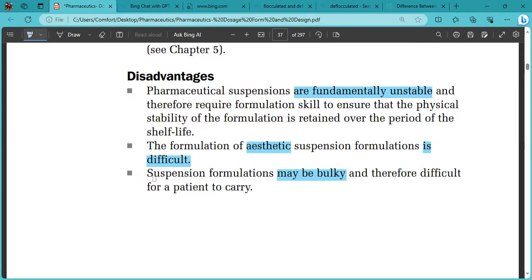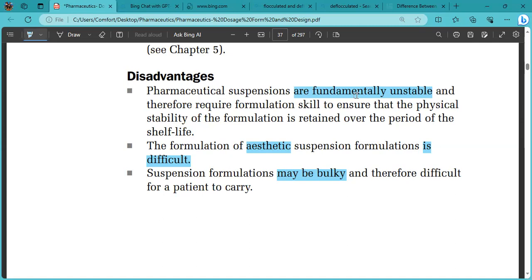Pharmaceutical suspensions are fundamentally unstable, unfortunately, because you have to strike a balance between them redispersing quickly and sedimenting slowly, and you're trying to prevent caking. Caking is when they settle and form a thick layer at the bottom, so that no matter how much you shake, they will not redisperse, which is something you do not want.